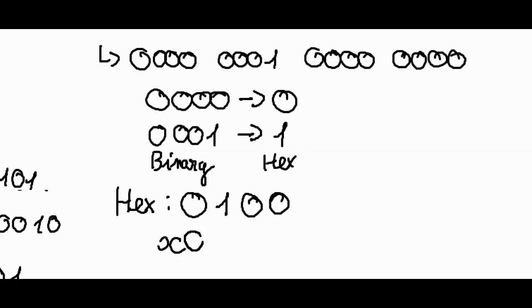We could write it as x 0 1 0 0, and that would be our answer to our exercise. And that is the end of my solutions to the 4 given exercises in data representation.